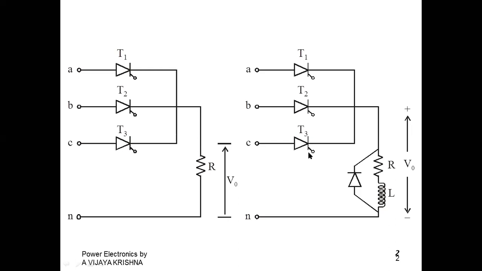As in the vector diagram, each phase is connected to a thyristor, so each thyristor conducts with a displacement difference of 120 degrees. Suppose T1 conducts at 0 degrees, then T2 conducts at 120 degrees, and T3 at 240 degrees, and then again 240 to 0.